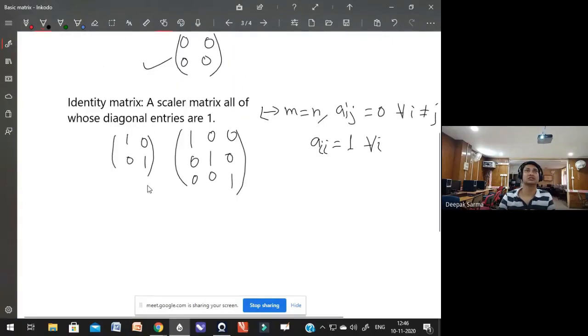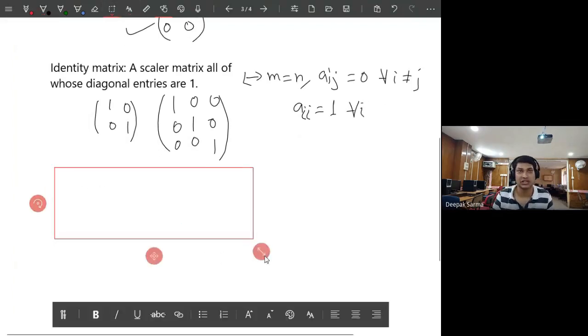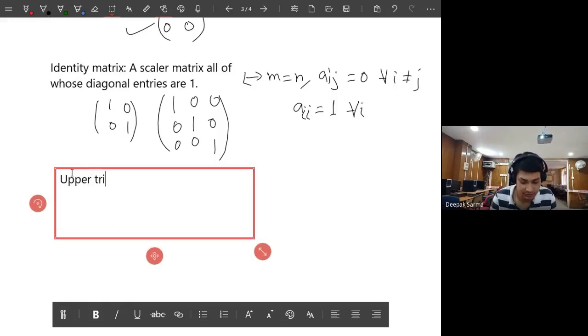So then let us go for a different matrix. Okay. Triangular matrix. So let us write triangular matrix, or specify upper triangular matrix. There are two types: one is upper triangular, one is lower triangular. What is an upper triangular matrix?